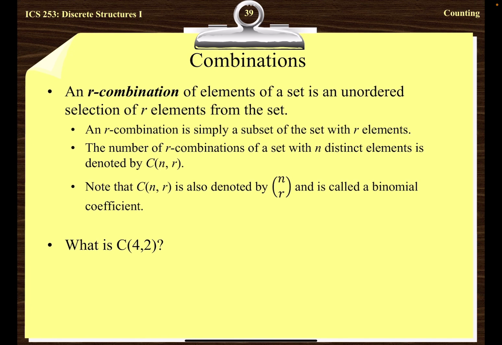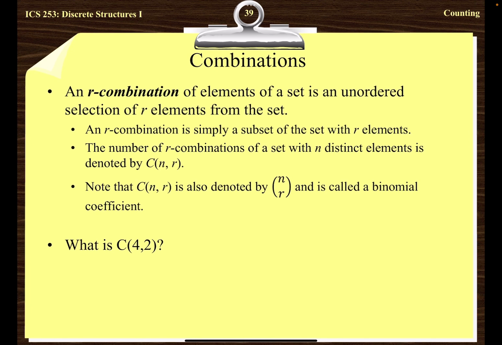What is important is what elements are chosen, right? That's why these are basically called combinations. And basically an R combination of elements of a set is an unordered selection of R elements from the set.